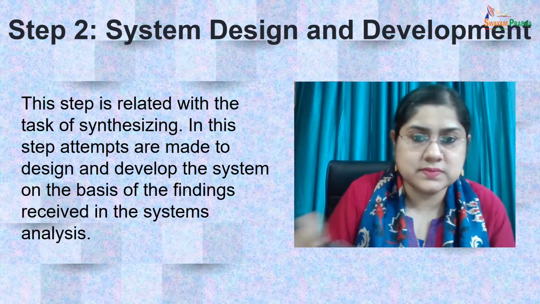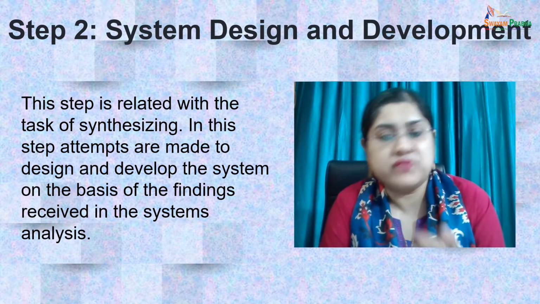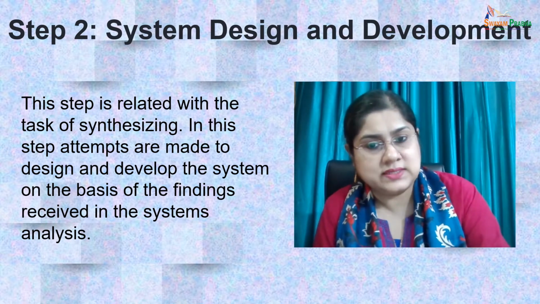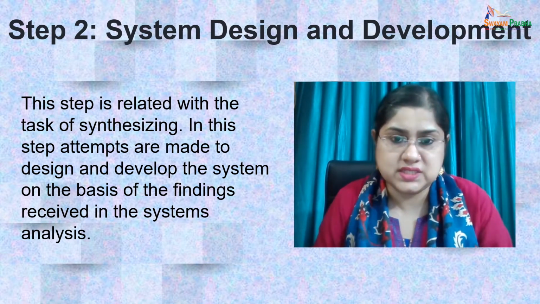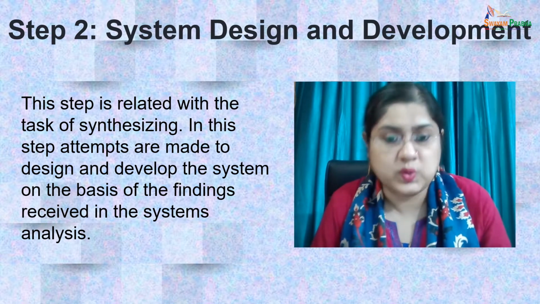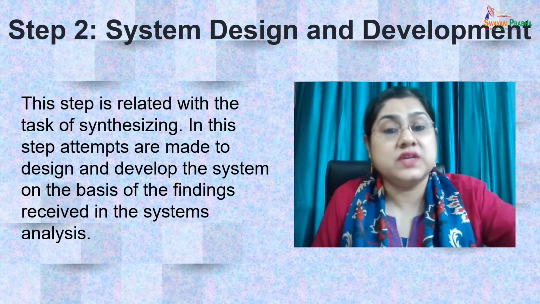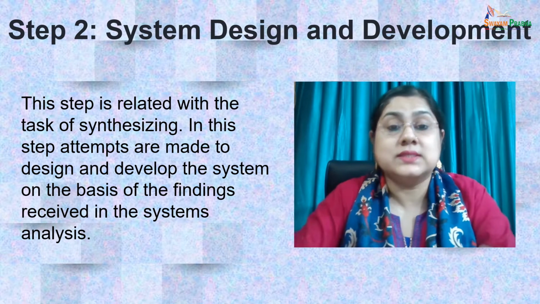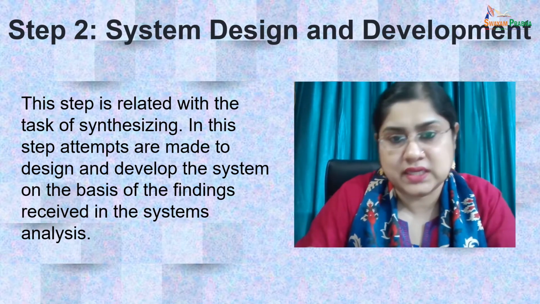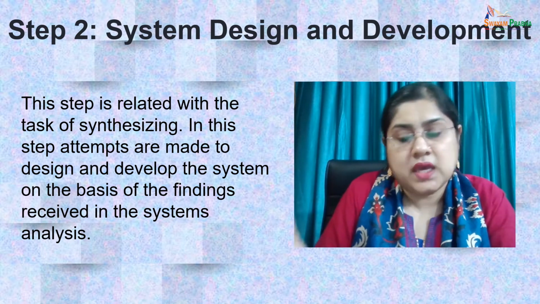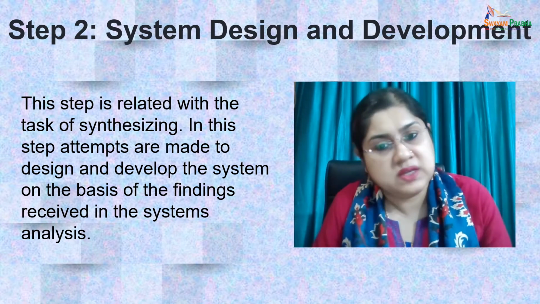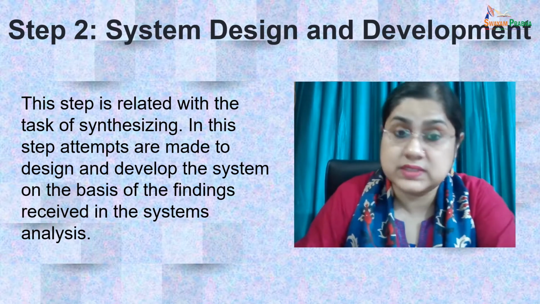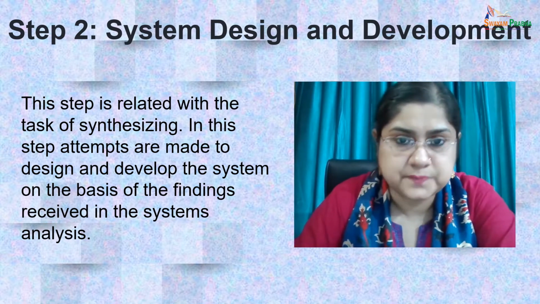So here in the systems design and development, we actually work on the devices, the methods, the strategies, and formulate the changes, or if there are some alterations or adjustments required, whatever we have analyzed in the first step, we try to implement all those in the design of the system at this stage, and we try to develop the system in a way that it works in the best possible way. So this is the second step, which is the systems design and development.